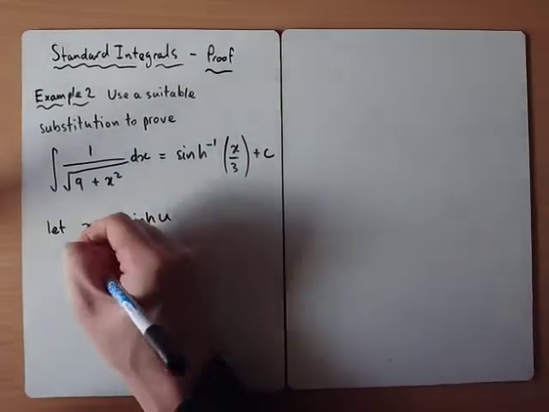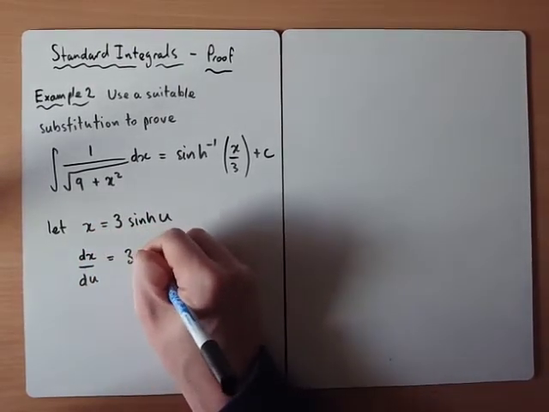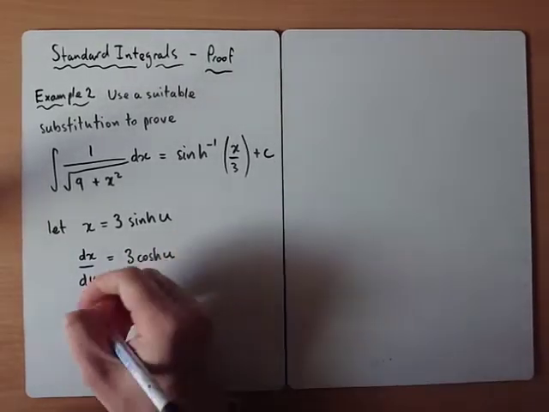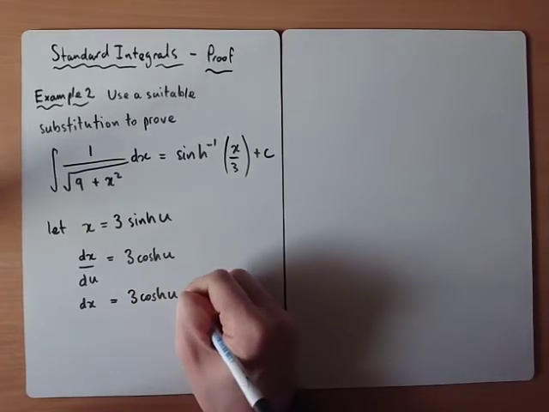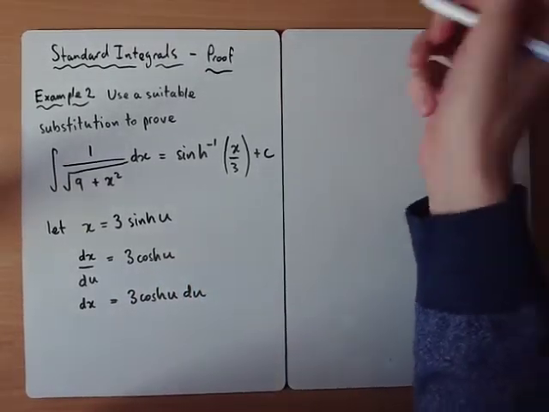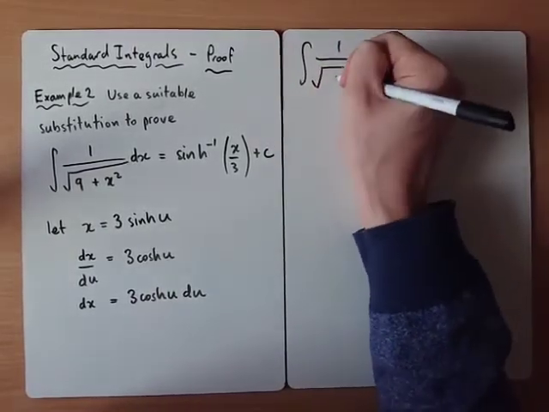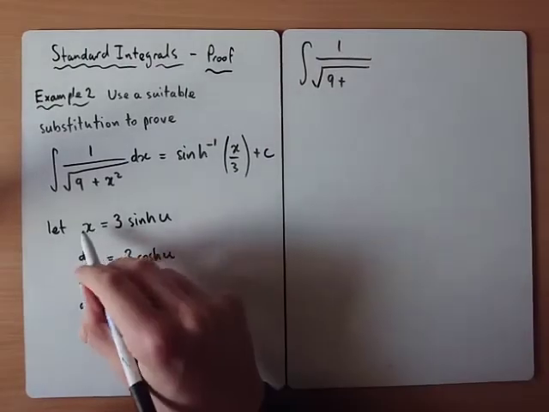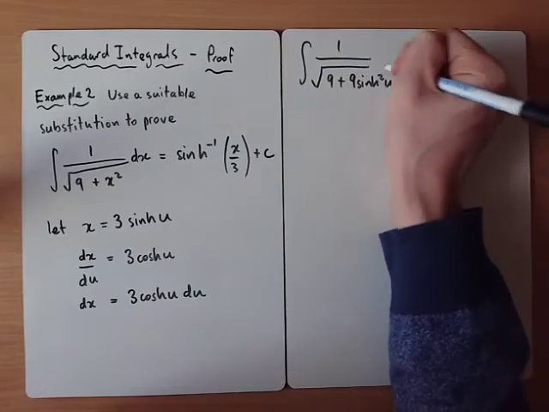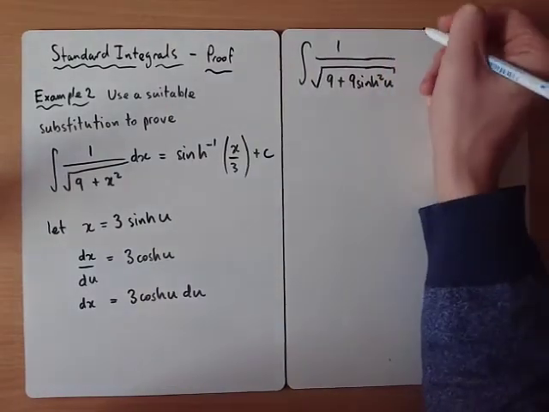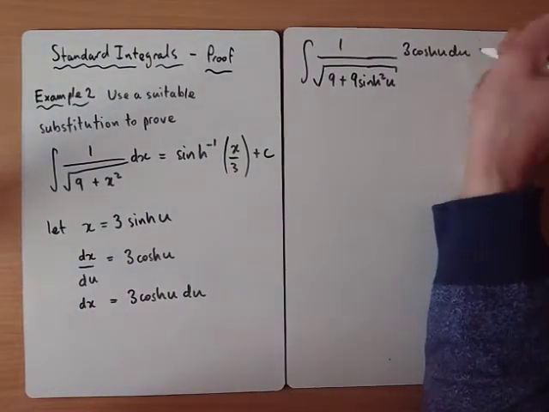Yeah, it helps. Okay, so dx by du would equal 3 cos u. dx would equal 3 cos u du. And then that would give us 1 over the square root of 9 plus x squared dx, which is 3 cos u du.